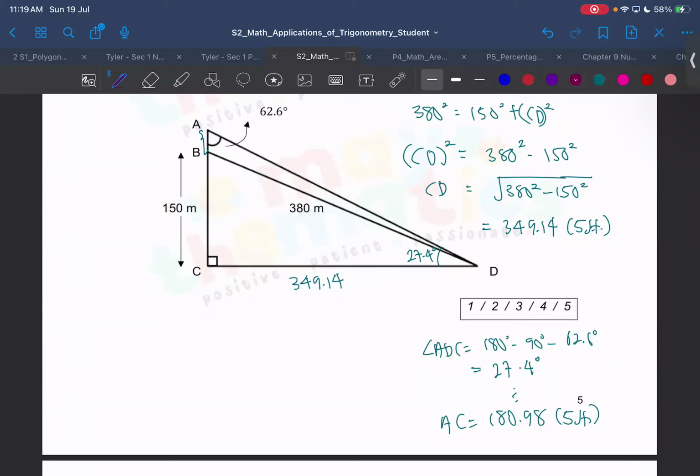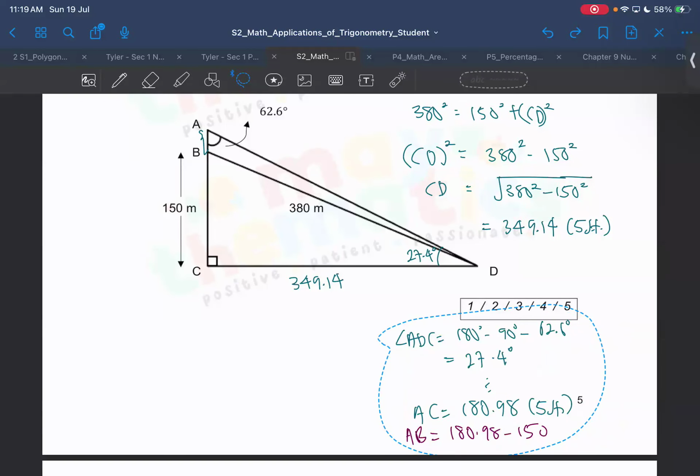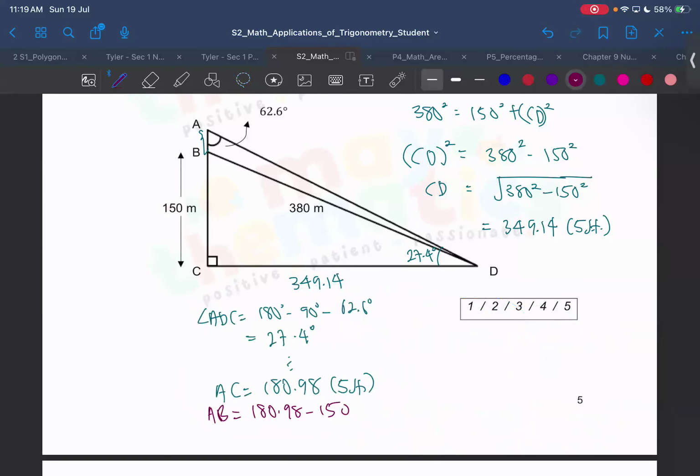That means my AB must be 180.98 minus 150. Then you should be getting 31 in 3SF. You got that? Got it, 31.